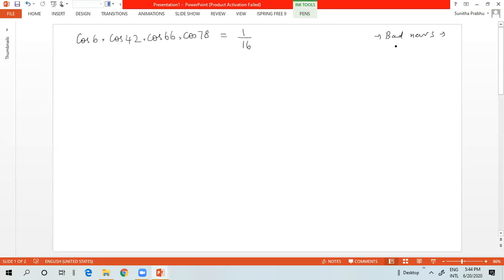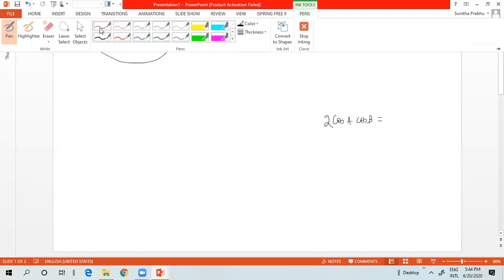Okay, so which ones to take together? If I take this and this together, if I have 2 cos A into cos B, what will be the sum, tell me? 72 and 60. I think so.